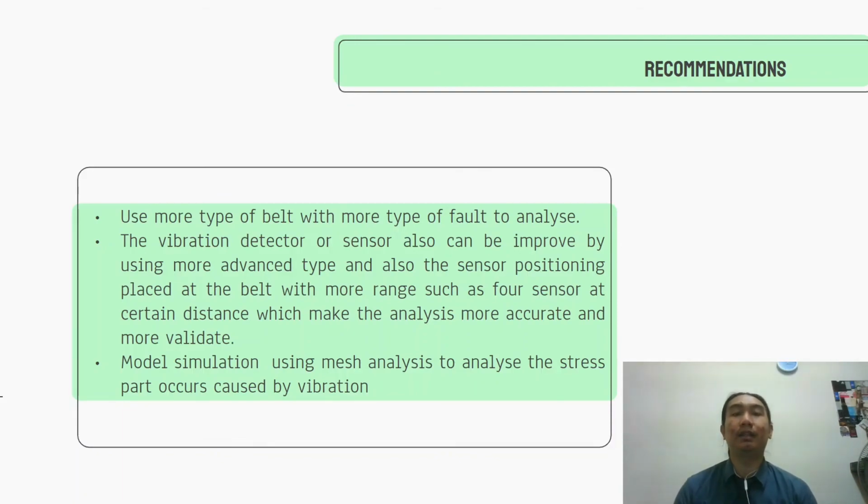Then the vibration sensor can be improved by using a more advanced type, and the sensor positioning could be placed with more range, such as 4 sensors at certain distances, which can make the analysis more accurate and more valid. And lastly, we can also make a model simulation using mesh analysis to analyze the stress caused by vibration.